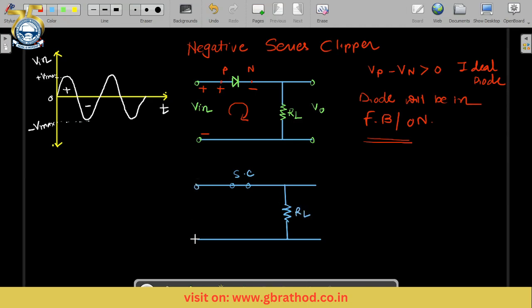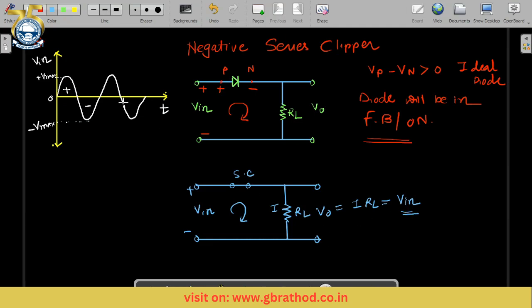This side V in, plus minus, current is flowing this way, and this side is V output. Now we can see in the positive half cycle current I is flowing. V output is equal to I into RL, and that is nothing but V in. This is a single loop circuit, so the voltage across RL will be V in. Whatever input signal is there for that positive half cycle, because the diode is in on condition, we get V output equal to V input.